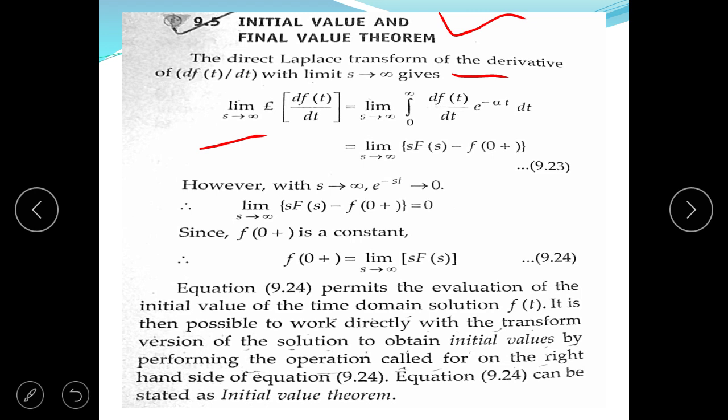We know that the transform of the derivative is written as sF(s) minus f(0), and the limit is s tends to infinity. However, at s tends to infinity, e to the power minus st is equal to 0. So limit s tends to infinity of sF(s) minus f(0+) is equal to 0.